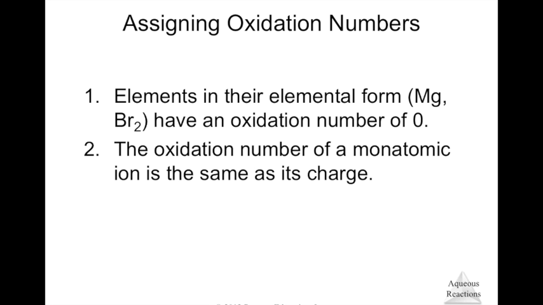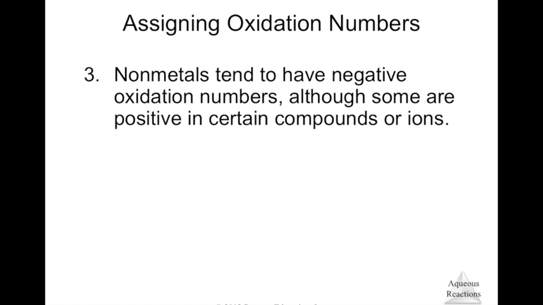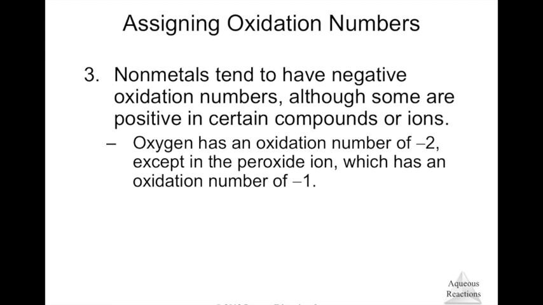If it's a monatomic ion, whatever its charge is also its oxidation number. So if you just had Na+, it would be a +1. Nonmetals tend to have a negative oxidation number, although some are positive in certain compounds or ions. Oxygen is pretty much always going to be -2, just like you'd expect given its group. But when it's in a peroxide ion, it has an oxidation number of -1. So that's kind of an exception.